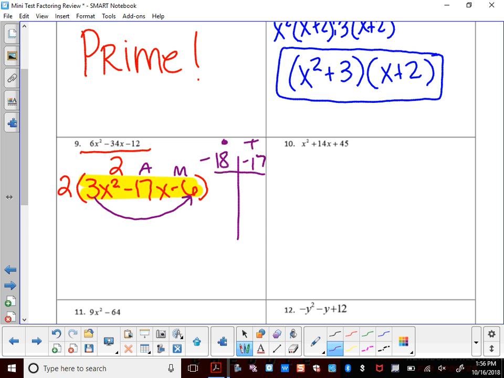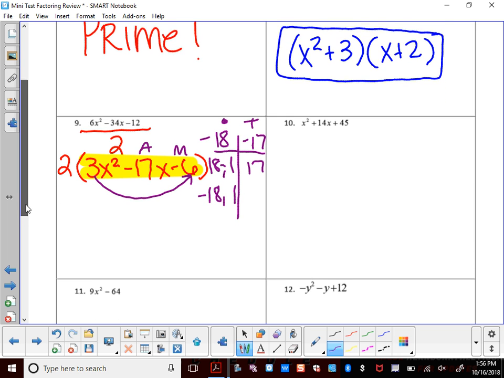Negative 17. So I have 18 and 1. Alex, are you with me? What needs a negative? Well, if we do 18 minus 1, we get positive 17. We need negative. So it's going to be negative 18. Negative 18 plus 1, and I get negative 17.